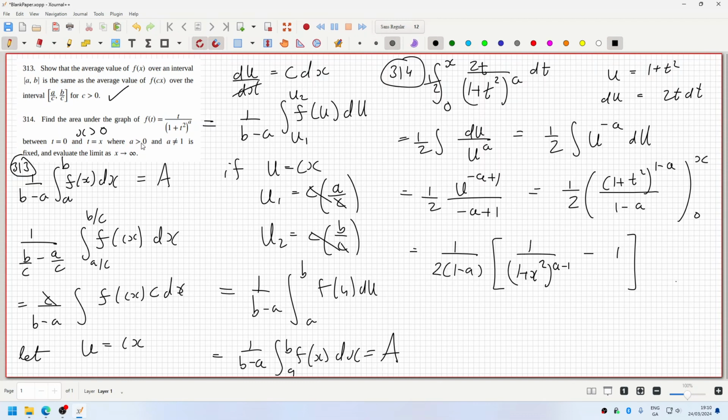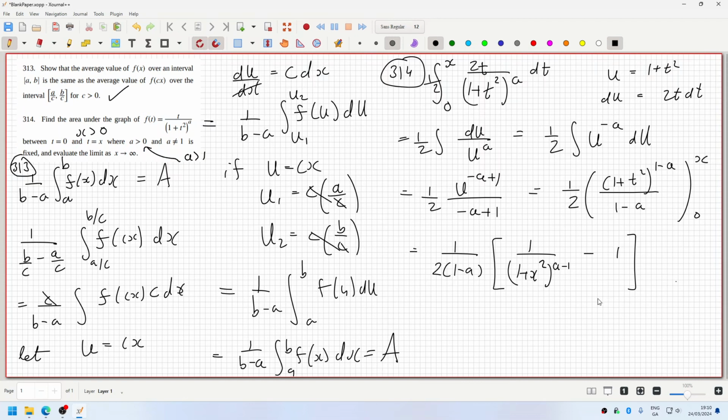And I kind of think they meant to say perhaps a is more than 1 rather than more than 0, because you want this to be in the denominator with a positive power.